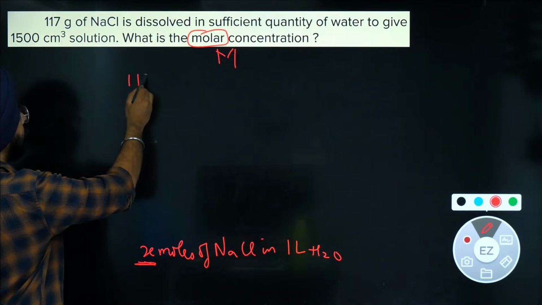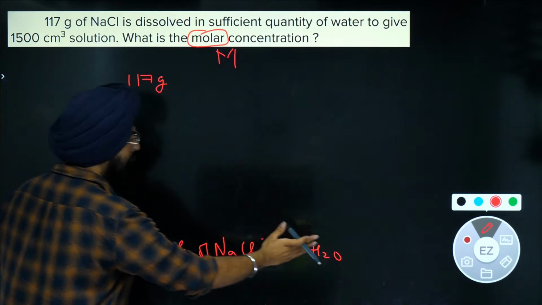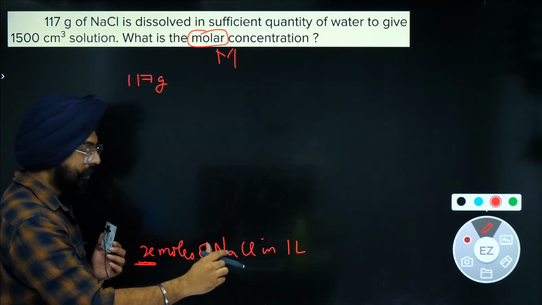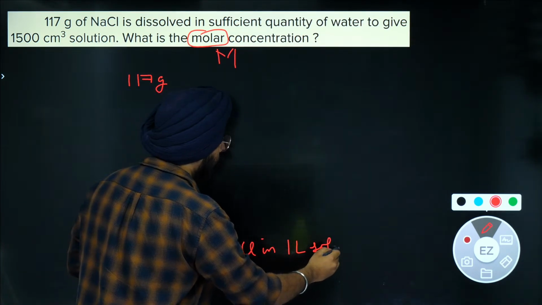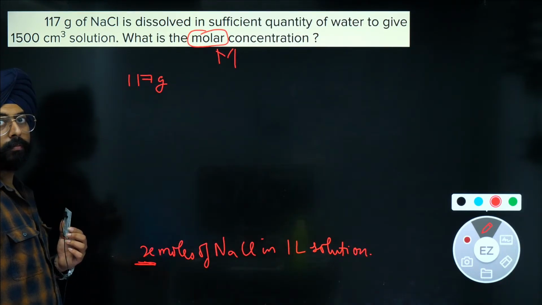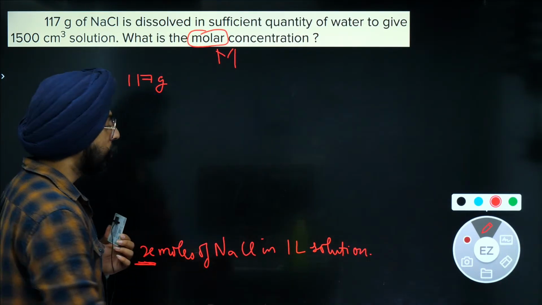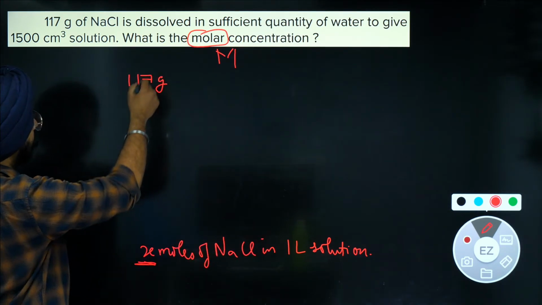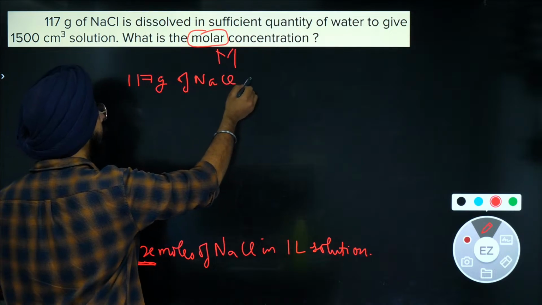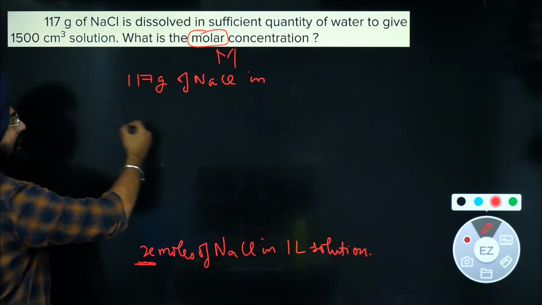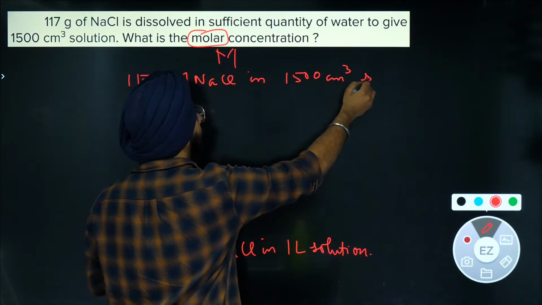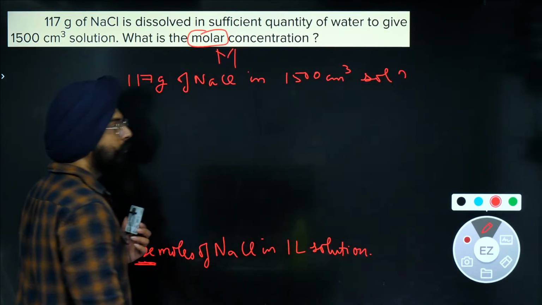The statement is 117 grams of NaCl is there in 1500 cubic centimeters of solution.